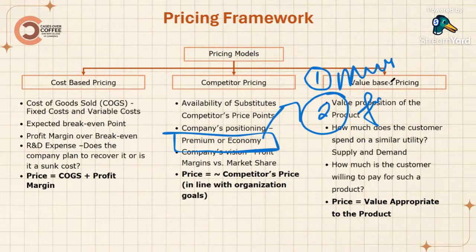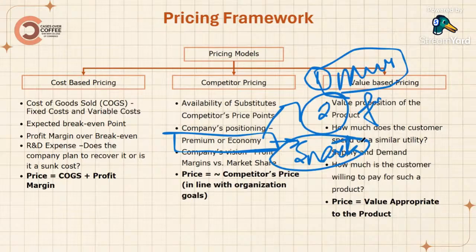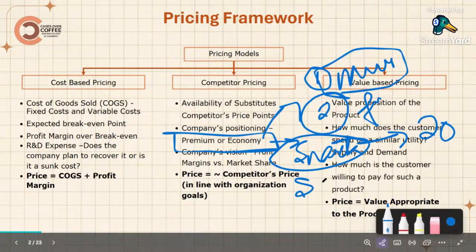In the multiple model, let's say what we are trying to figure out in this case. Let's say there is a product, a snack, which is being sold at normal places at 20. Let's say a samosa.